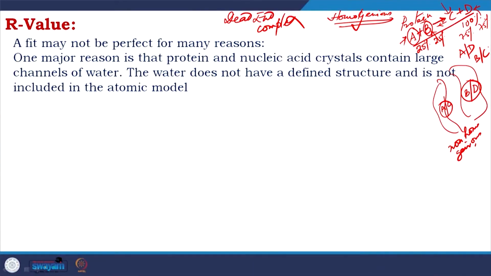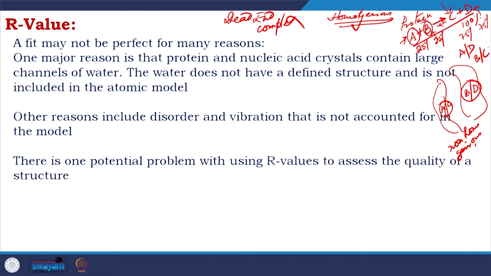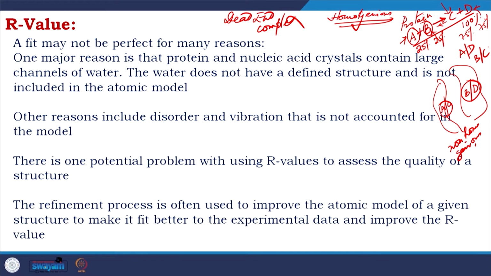So, that is a major reason: protein and nucleic acid crystals contain large channels of water. The water does not have a defined structure and is not included in the atomic model. Other reasons include disorder and vibration that is not accounted for in the model. One potential problem with using R values to assess the quality of a structure is the bias.